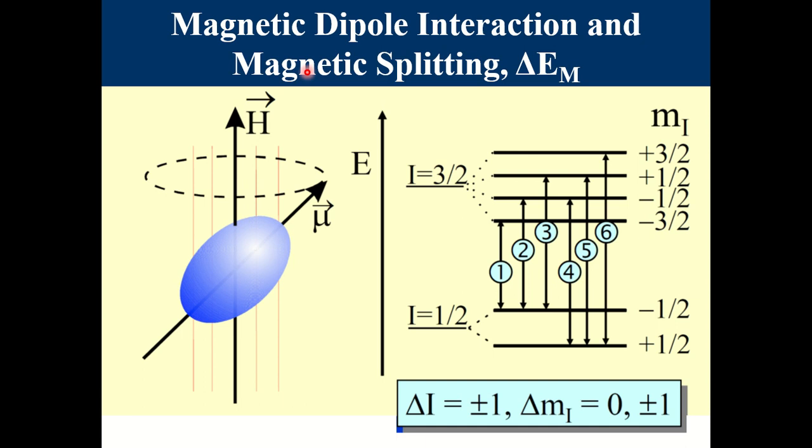Now we come to the magnetic dipole interaction and magnetic splitting. Again, the pictures you will see here are very common in nuclear magnetic resonance and EPR. This is the magnetic field. In the previous figure, we had an electric field around which the electric quadrupole moment was precessing. Here it is the magnetic moment of the nucleus which will start precessing around the applied magnetic field.